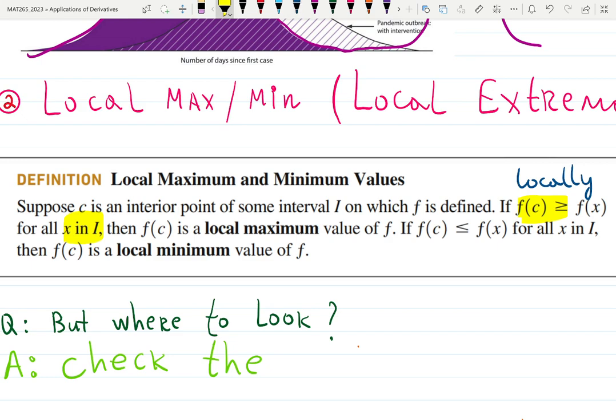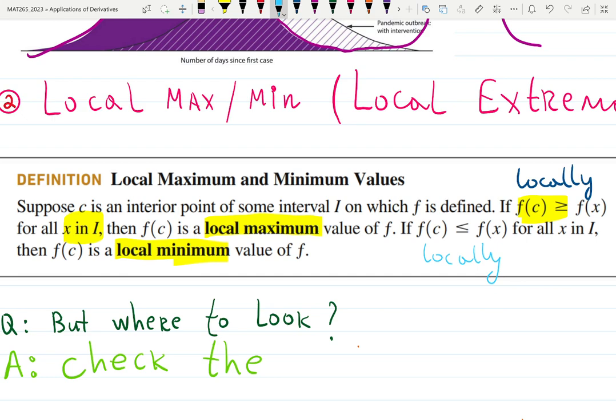Then it's called a local max. And logically, the same thing with local min. If it's locally the smallest height. We're talking about height. So if you have lots of hills, they can all be local maxima, but one or several can be the biggest ones. Then they will be the global ones. And we need to learn how to find those too.